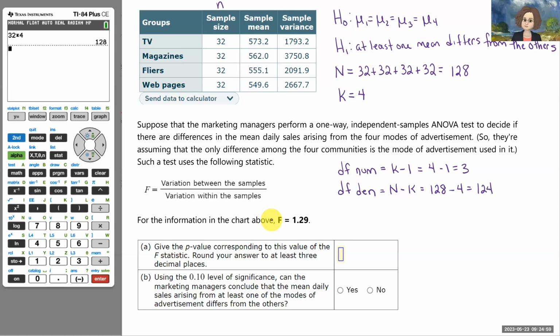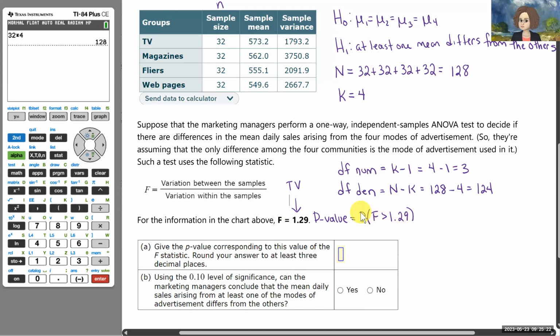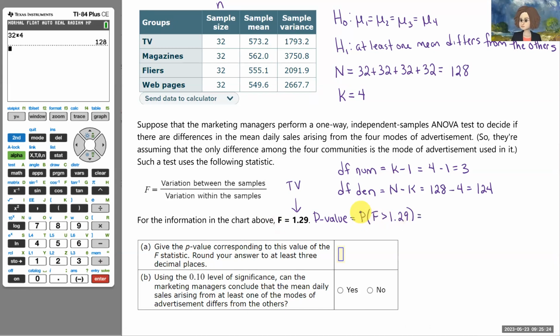All right, so to find our p-value, ANOVA is a right tail test. So this will be the probability of an F statistic greater than the one that they got when they ran the ANOVA test. So this is what we would have called our test value or test statistic. So we're looking for the probability of F greater than that.